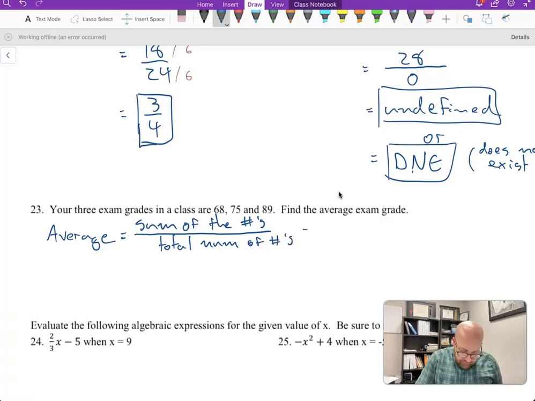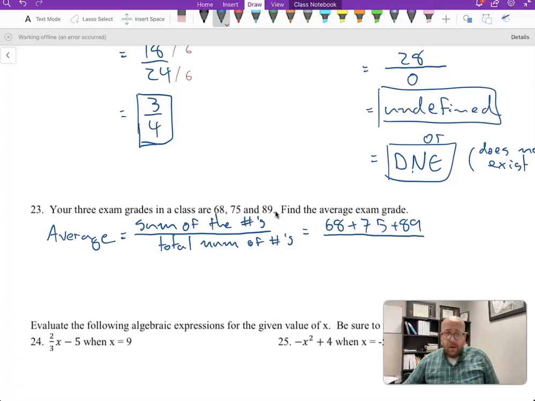So, in this problem, the sum of the numbers is going to be the sum of 68, 75, and 89. So we're going to do 68 plus 75 plus 89 divided by the total number of numbers. How many numbers did we add up for our numerator? We added up 1, 2, 3 numbers.